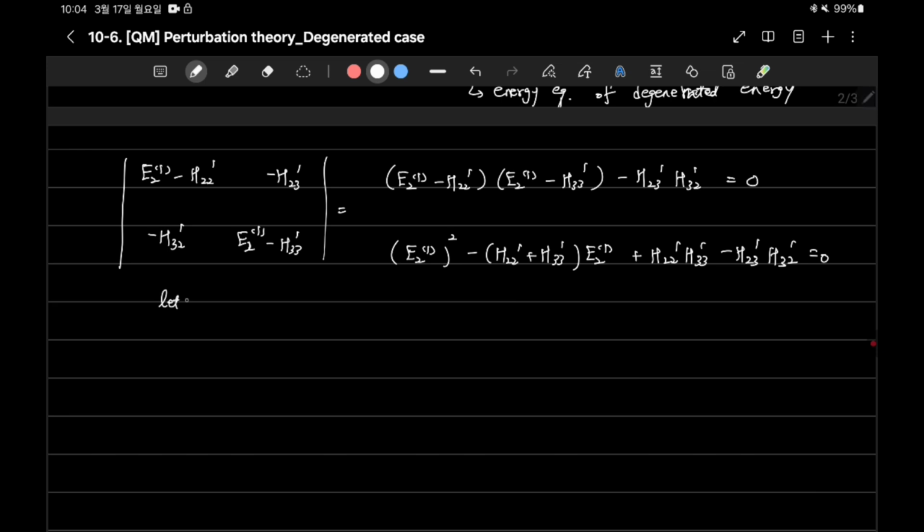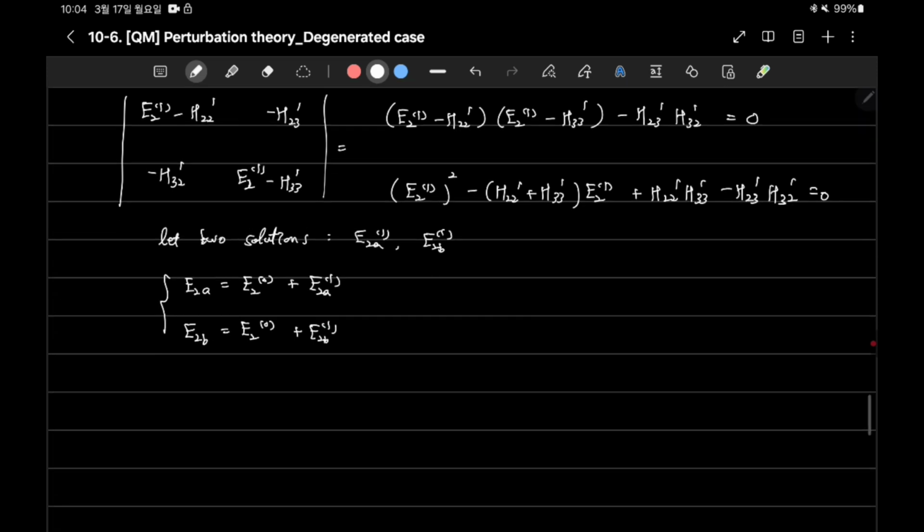Let one solution be E2a first order, and the other solution E2b first order. Then E2a is the unperturbed energy plus the degenerate E2a first order, and E2b equals E20 plus E2b first order.